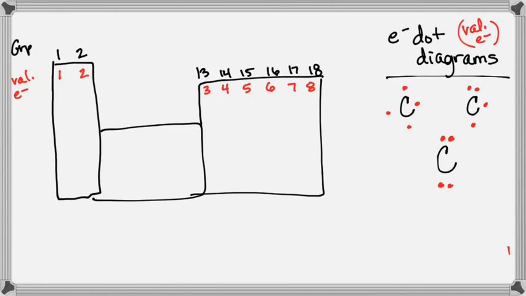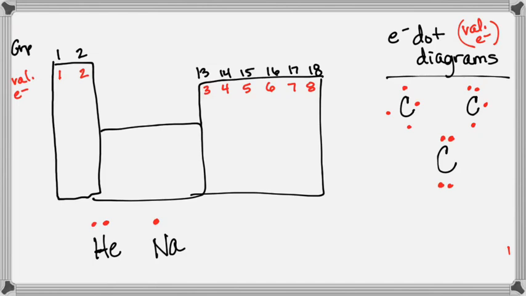I could show you another dot diagram, let's say for helium. Helium is in group 18, but helium's a little different because helium only has 2 electrons total, so we can't go more than just those 2 valence electrons. I could pick sodium. Sodium is in group 1, so how many valence electrons does it have? It has 1 valence electron.